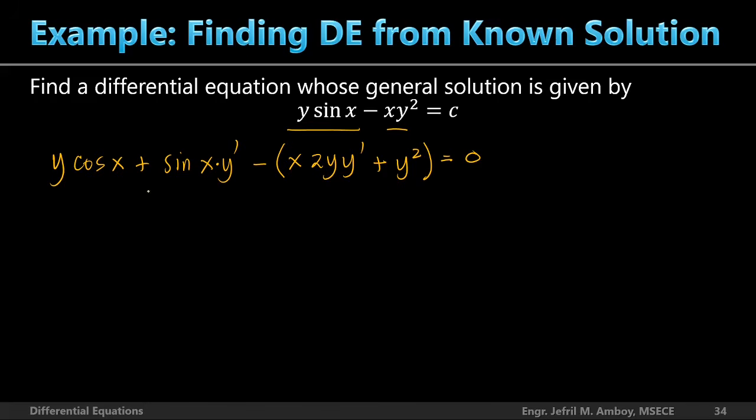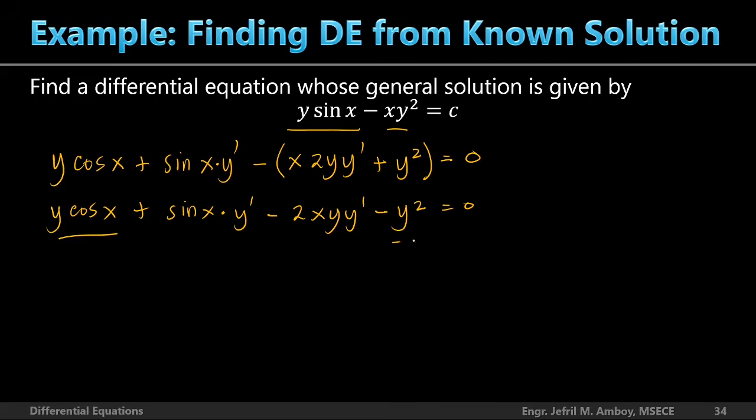Okay? So, let us now rewrite the expression that we have obtained. So, we have y times cosine x plus sine x multiplied by y prime minus 2xy y prime, and then minus y squared equals 0. So, just like what we did earlier, the terms without a derivative, we can combine. So, we can group y cosine x and then this term.